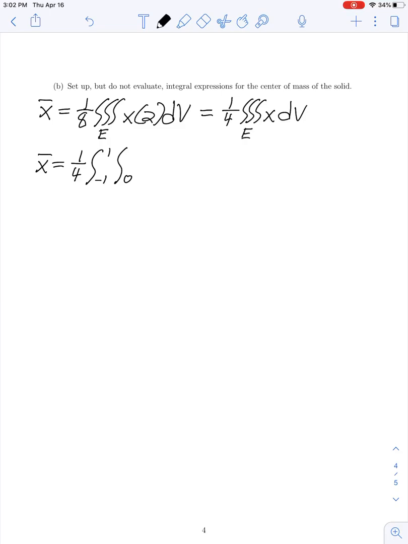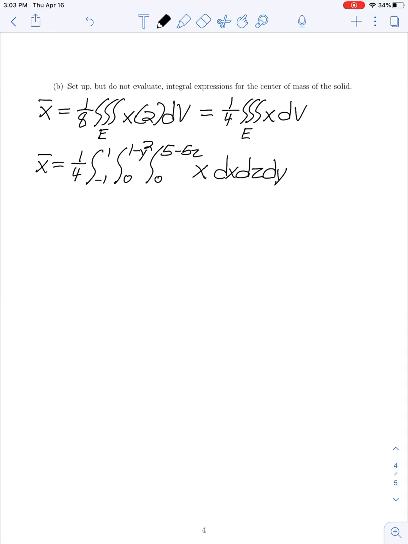With respect to z was from 0 to 1 minus y squared. And with respect to x was from 0 up to 5 minus 5z. Here we're integrating x in the order dx, dz, dy.